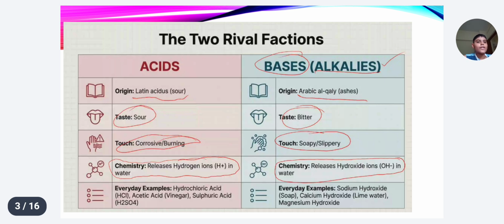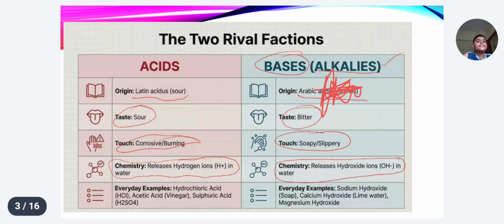Now bases, their origin is from alkali, we call them. Taste is bitter, touch is soapy, slippery.